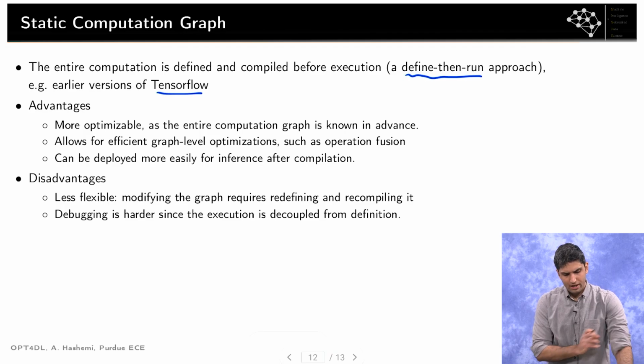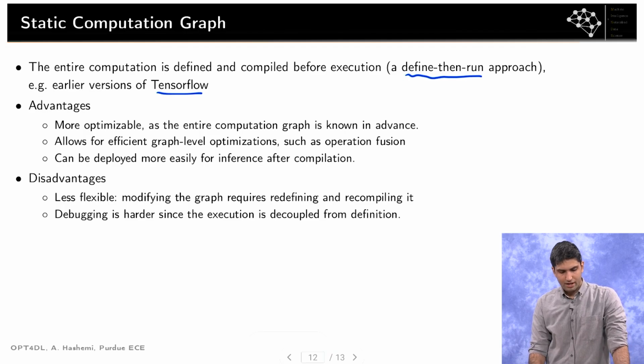There are advantages and disadvantages here. The most important advantage is that it is highly optimized, because we know the computation graph in advance, and later on, when we run or execute, the computations will be highly efficient.